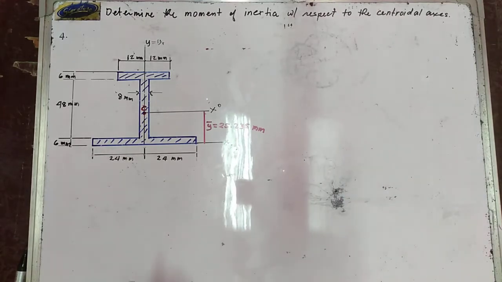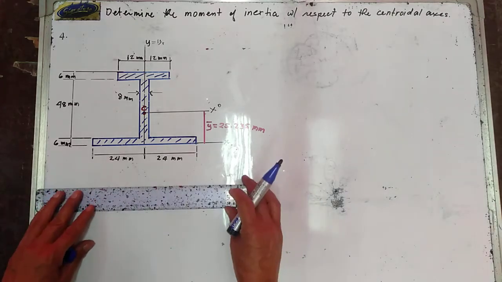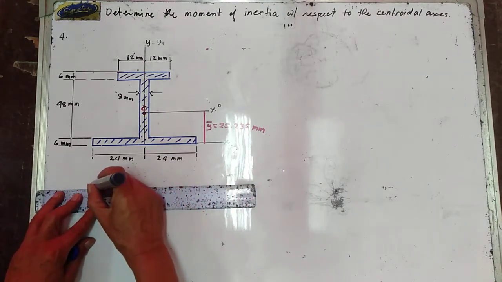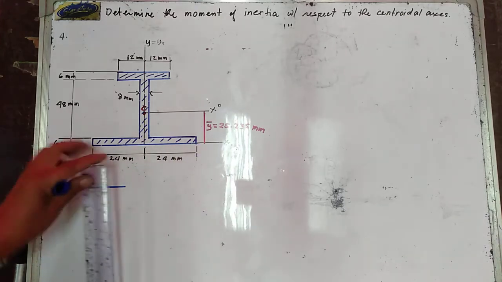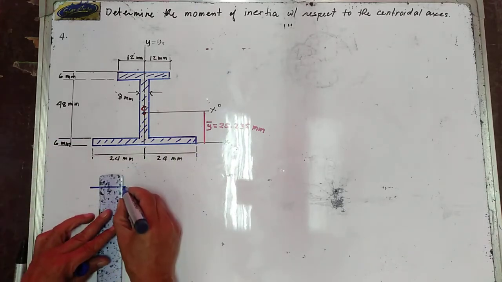Now, let's try to get now your first area. So the first area, this is the first area again. So we have your area 1.